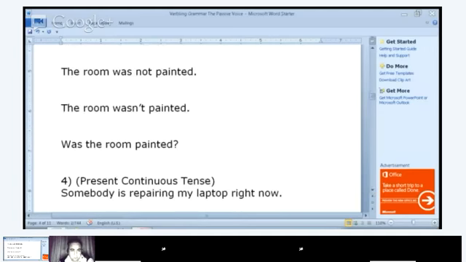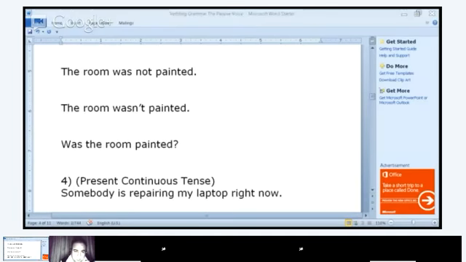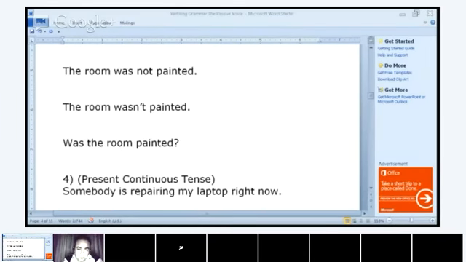Present continuous tense. Let me see if you have some ideas with this one. And again, it's very important that you're reading and that you're understanding, not necessarily focusing on the grammar 100%. So, Geoff, the room wasn't painted by anyone. The room was painted by no one. Huh, okay. My laptop.